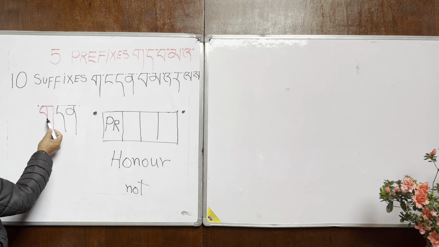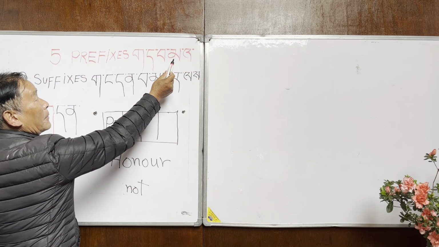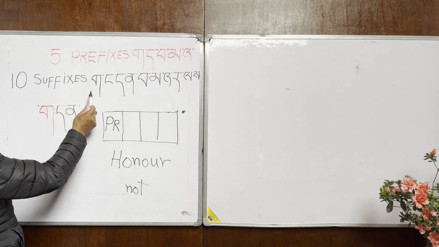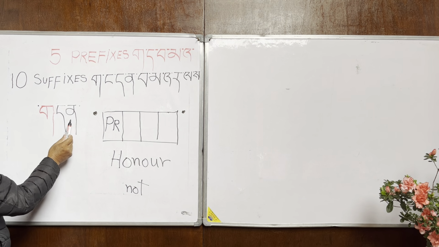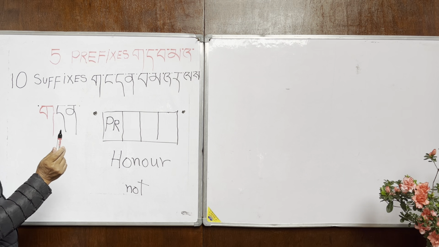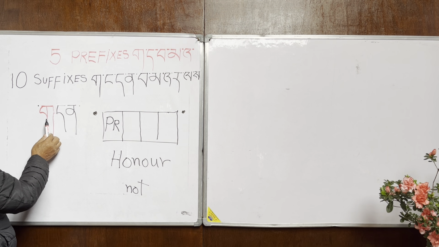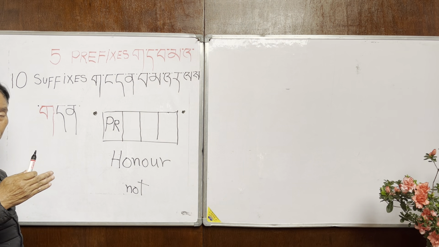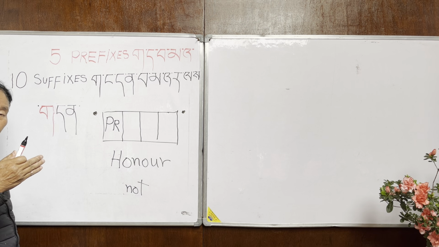Ga is one of the prefixes. Ga is here. This is the root letter. Na is the suffix. So how do we spell it? Gao. Now you don't have to pronounce ga.